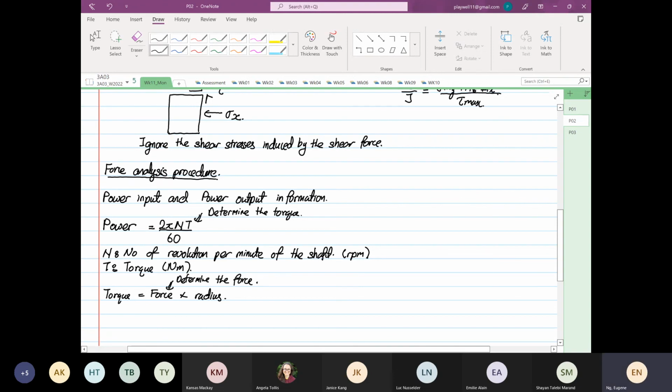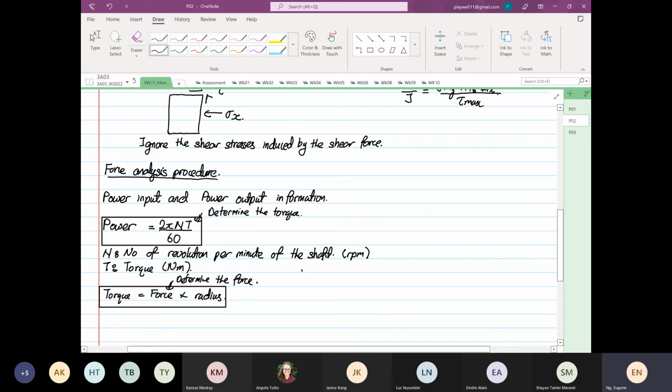When you see this formula, you're like, yeah, this is easy, you just plug in a formula. Power is equal to 2 pi nT. Torque is equal to force multiplied by radius.